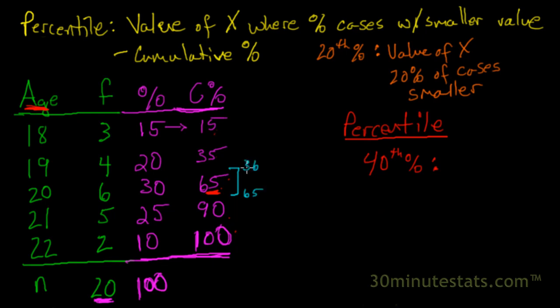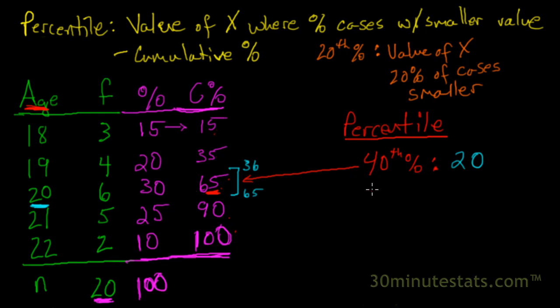So these 6 20-year-olds cover the 36th to the 65th percentile. They represent that percentage of the total sample. And so the 40th percentile falls in between those two, and we'd say that the 40th percentile for age in this sample is 20. Okay, we're looking for the value of the variable that corresponds to that percentile. So let's look for another one.